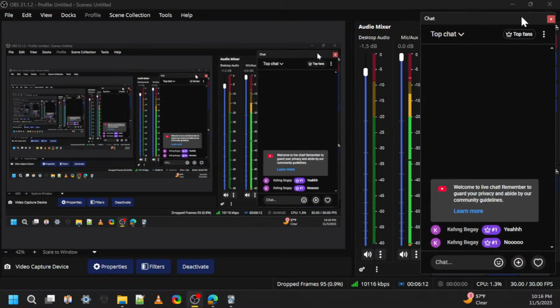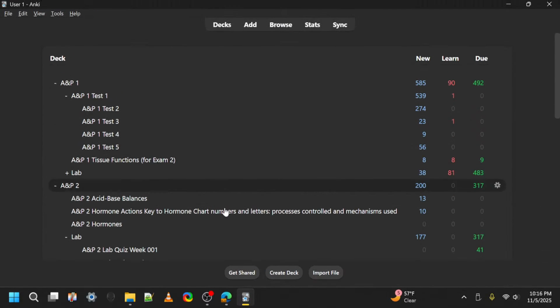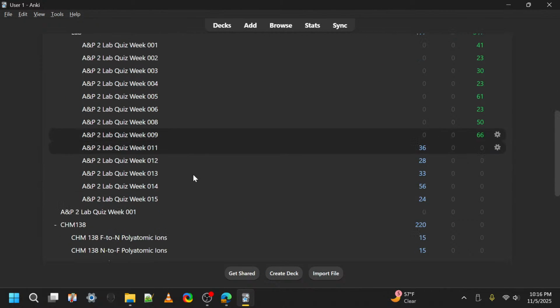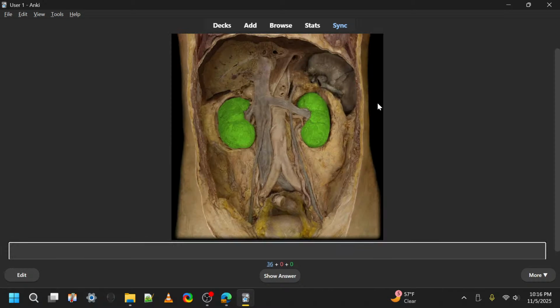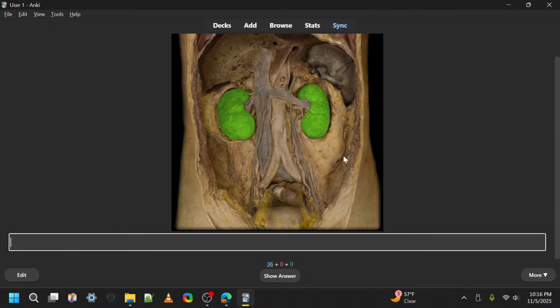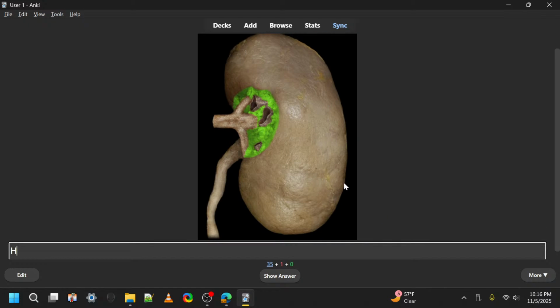Alright, let's get it, King. Booyah. Going on to lab 11, baby. Alright. This is the kidney. Nice. This is the hilum. Yo, King, should I go slower so you can take screenshots or nah?